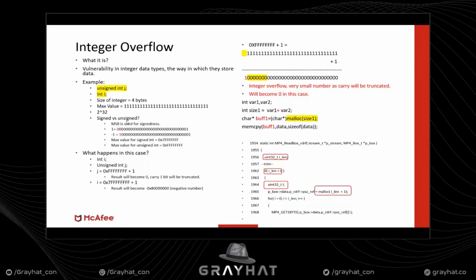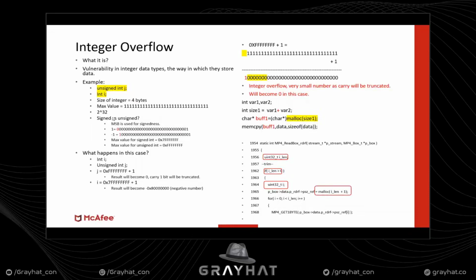It uses a very simple logic in which the most significant bit is used to denote signedness. Since the size of an integer is 4 bytes, that means there are 32 bits, and each of these bits can denote two values. It can be either 0 or 1. So the maximum possible value an integer variable can hold is 2 to the power 32.